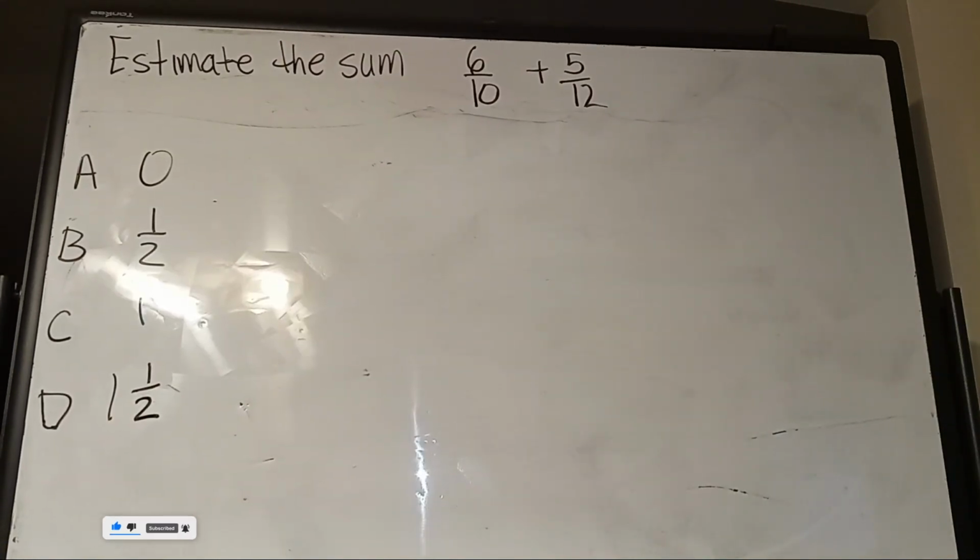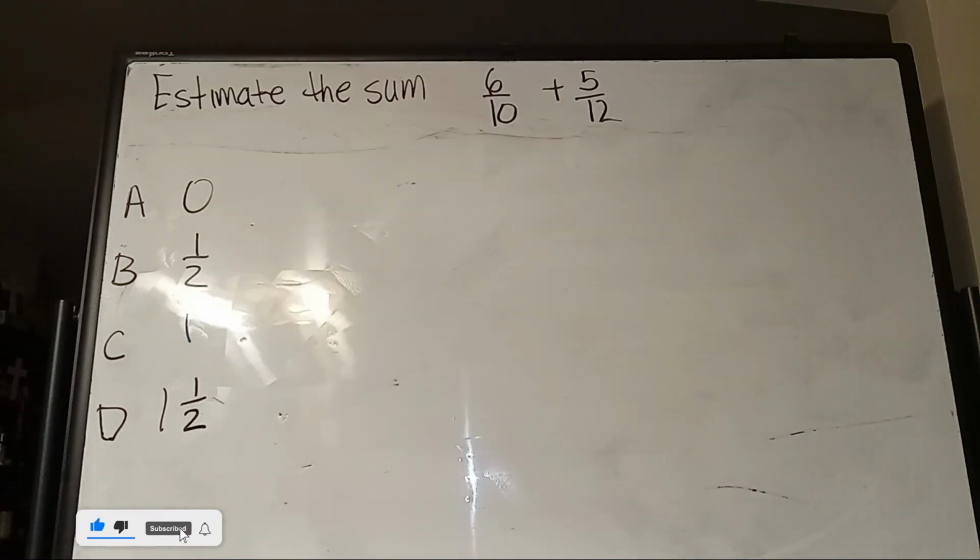All right, so for our final problem for today, we're going to estimate the sum of 6 over 10 plus 5 over 12. And our answer choices are A, 0, B, 1/2, C, 1, or D, 1 1/2. So now, what's the first thing that we do to solve this problem? You have to look at number line.